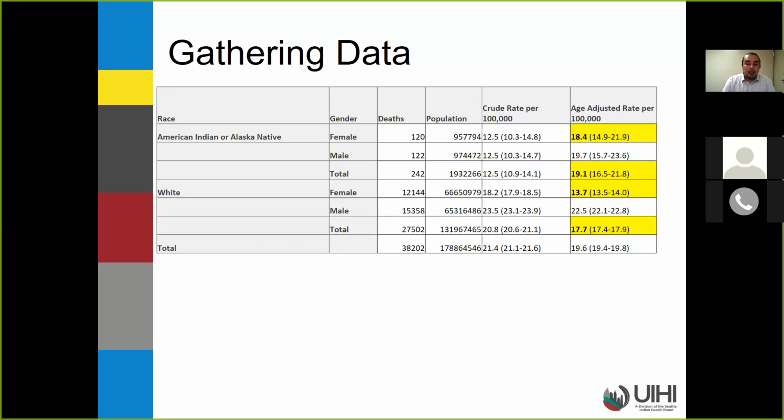Moving forward within these data tables, I tried to highlight and bold some of the information that I thought was going to be most useful. After this point, we're going to be taking these numbers and dividing and tailoring them to each of the three groups that I mentioned prior.